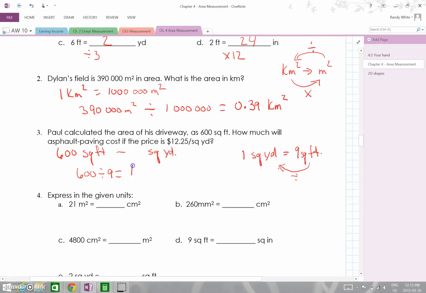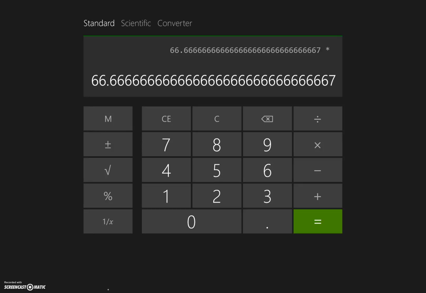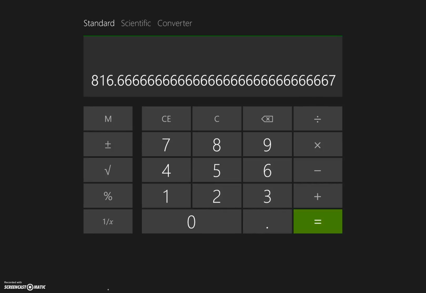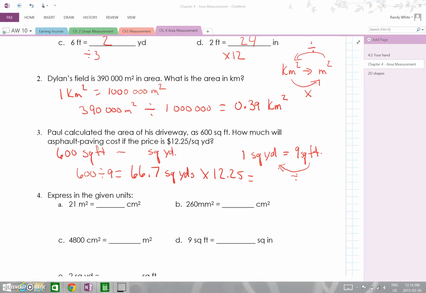So that is 66.7 square yards. And then I'm going to multiply that by 12.25. So that's going to be $816.67.